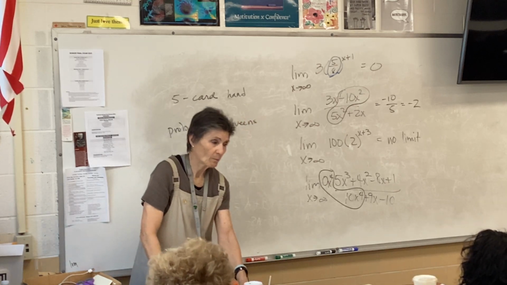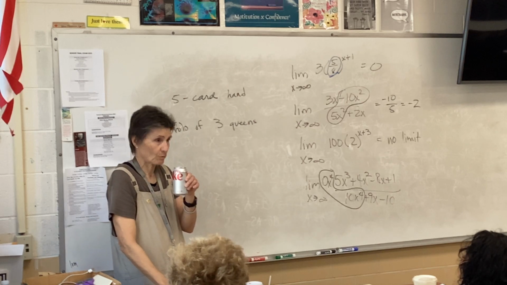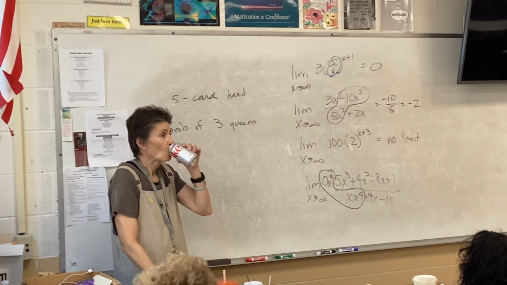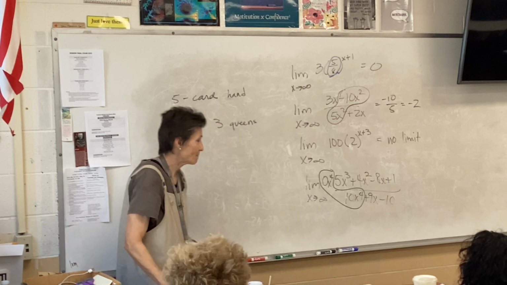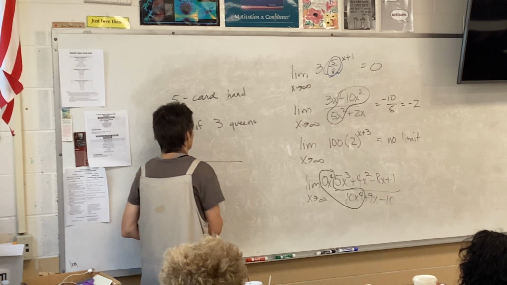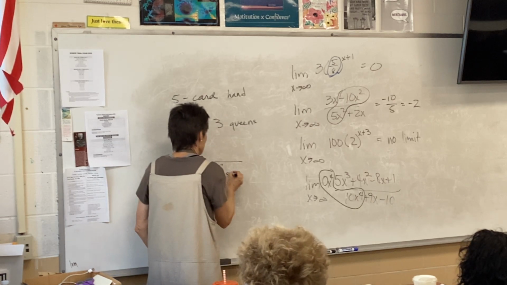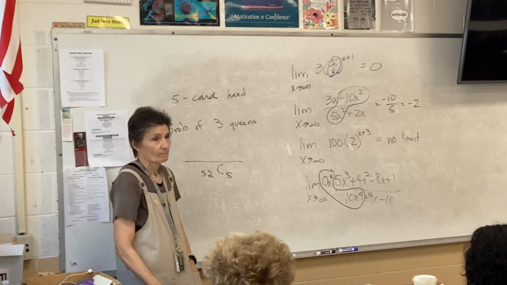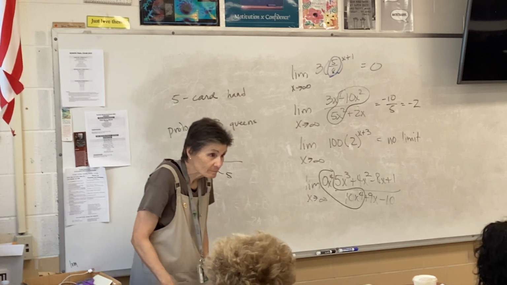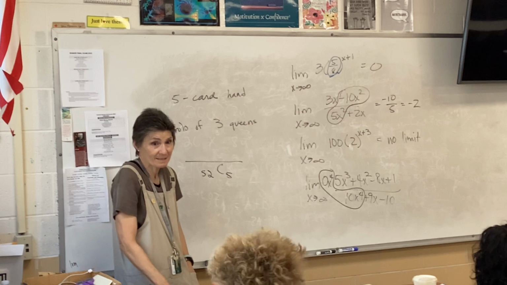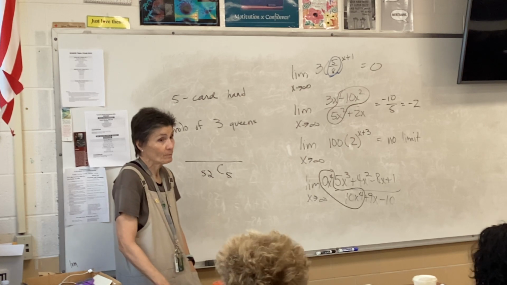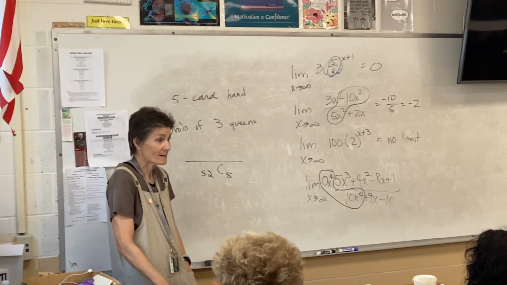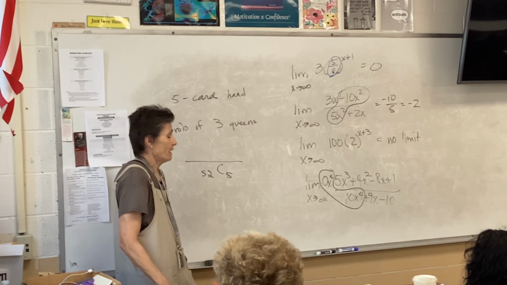So I wanna get a 5-card hand and I wanna have 3 queens in it. What's my denominator? 52C5, half credit. Right? I mean, seriously, we will pass this exam, or we don't deserve to pass. I mean, this is craziness. All right.